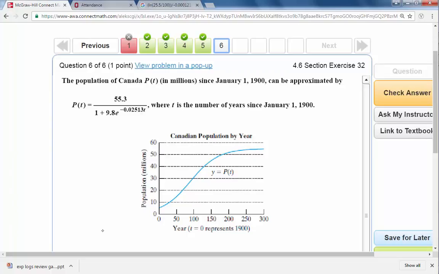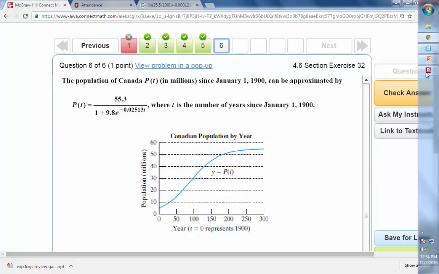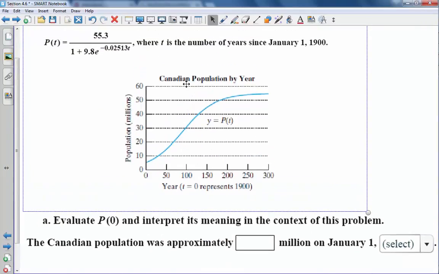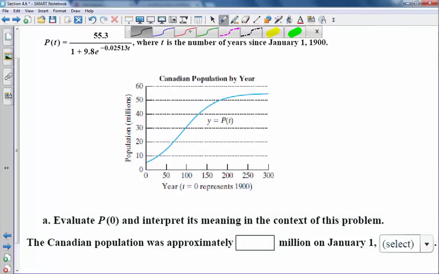I will do that right here, right on the spot. See, that's a lot easier. 0 there. What is 0 times any number? It's going to make this entire top part 0.